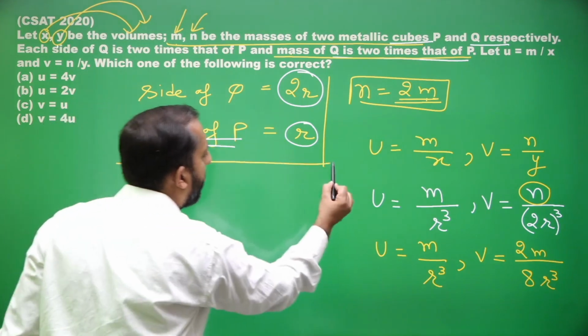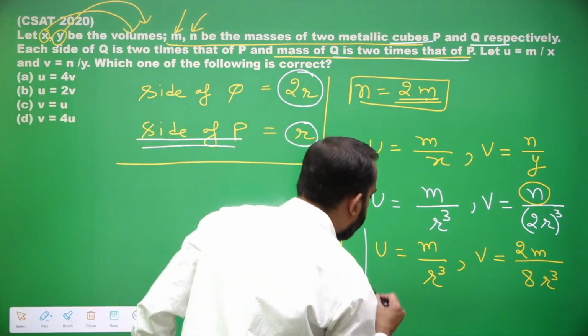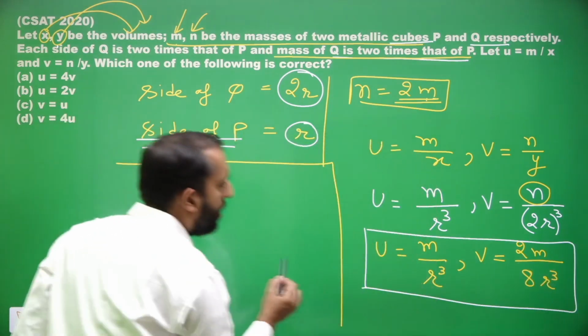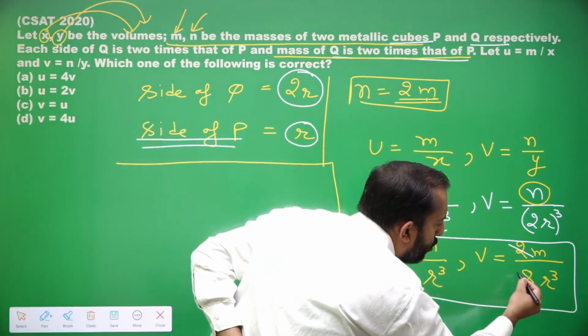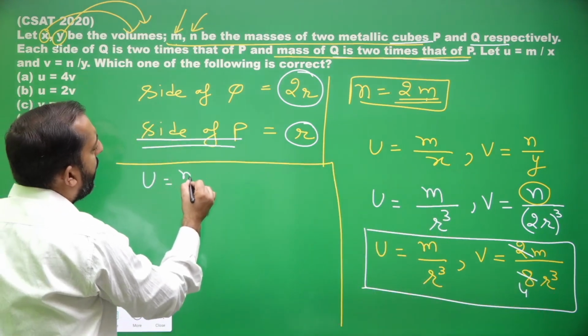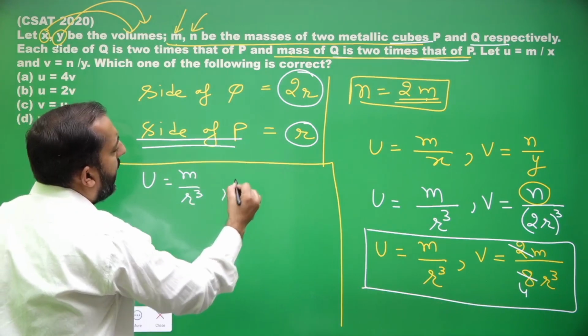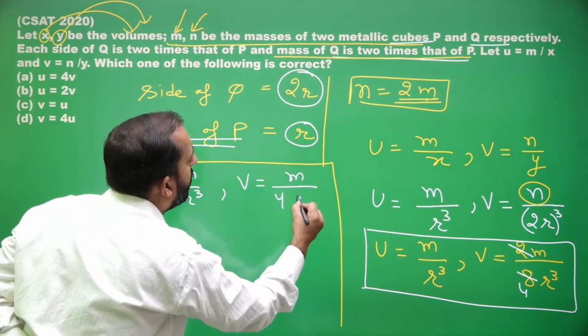Further, see, after this, 2 1s are 2, 2 4s are 8. So I can see U is equal to M upon R cube and V is equal to M upon 4R cube.